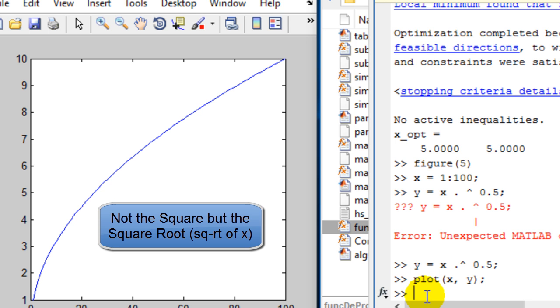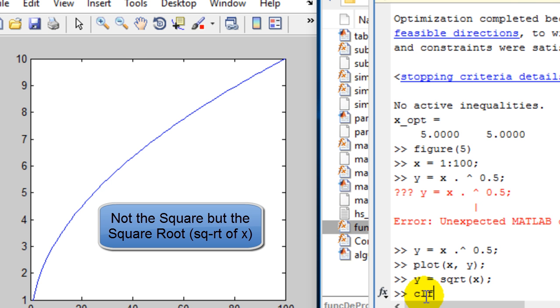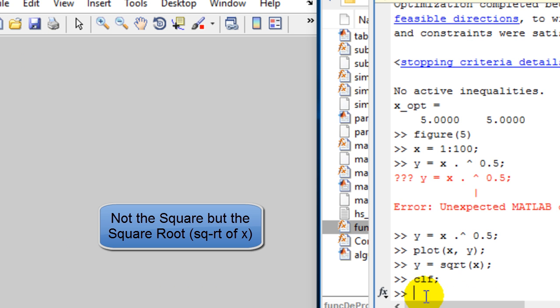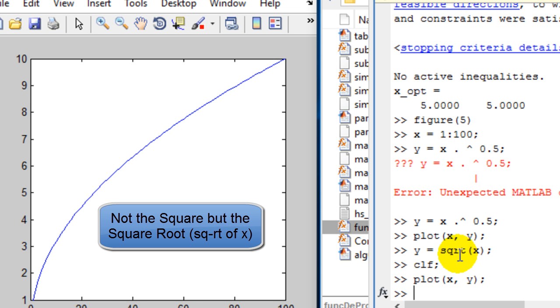You could have written instead of this, y equal to square root of x, and then if you plot it again, you will get exactly what we got before. So x to the power 0.5 is the same as the square root of x, which has this shape.